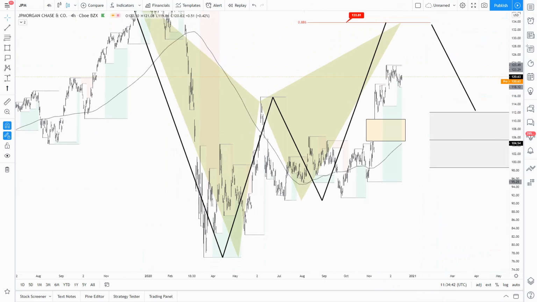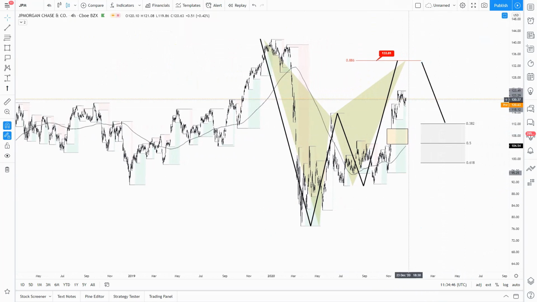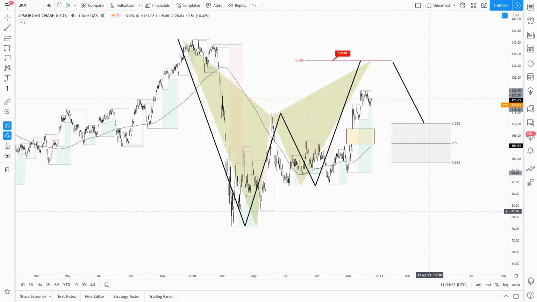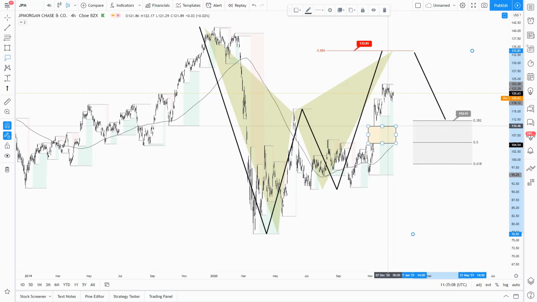JP Morgan, also another one approaching a bearish bat pattern completion point. Again, we don't know if the pattern will form. We don't know the outcome if that happens. What we know is what we see, and the criteria may suggest the formation of the bearish bat pattern at 133. So if that happens, we may see a retracement back to the 38% Fib, and we have also this gap between 110 and 105.